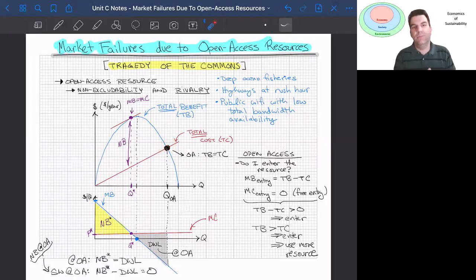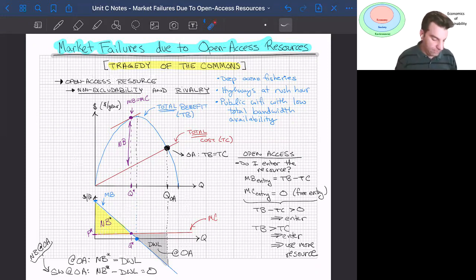So that is really the problem with open access resources, open access goods, or common pool resources when the number of individuals in the common pool is very, very large: the open access condition ends up destroying all social welfare. You end up basically taking what used to be something that could give some benefit to society, and the deadweight loss is tremendous. It's extreme. It's maximal. You end up making the resource basically as good as not having the resource.